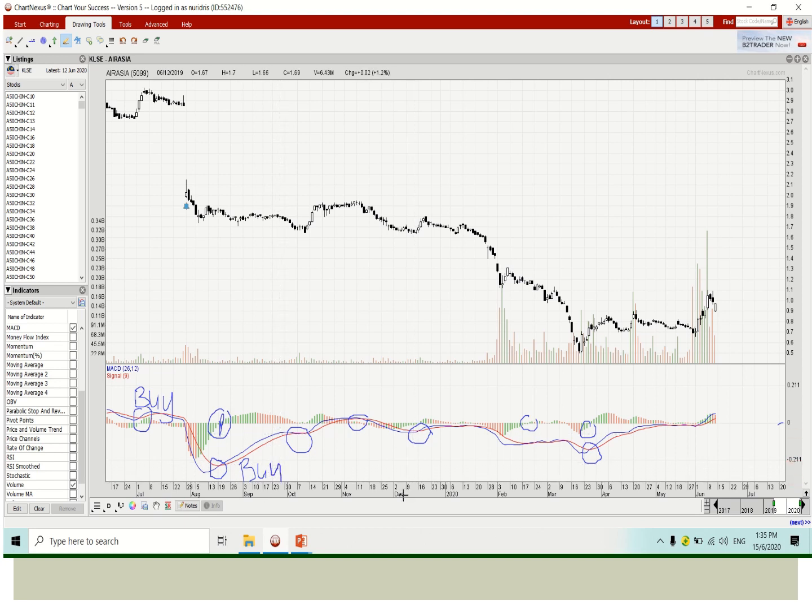Then when the signal line crosses the MACD, and now the signal line is below the MACD line, this is an indicator to enter the market.